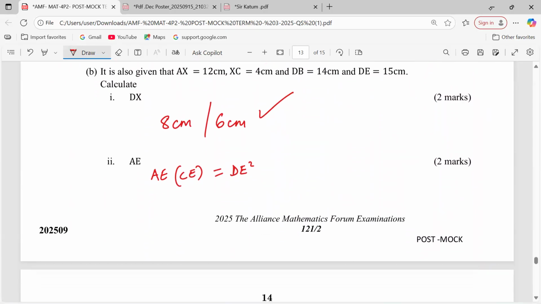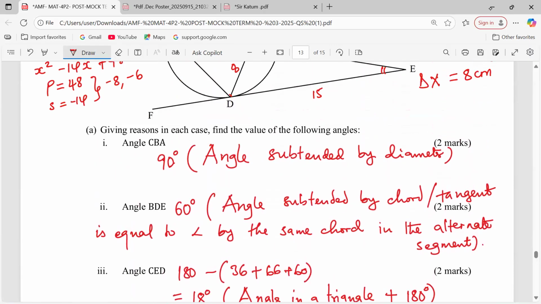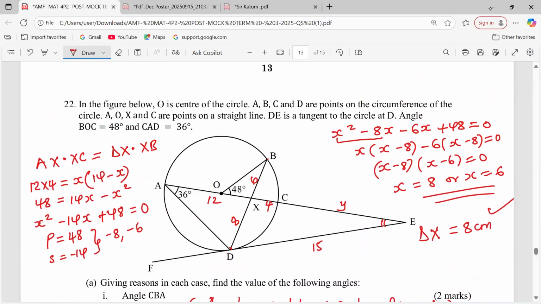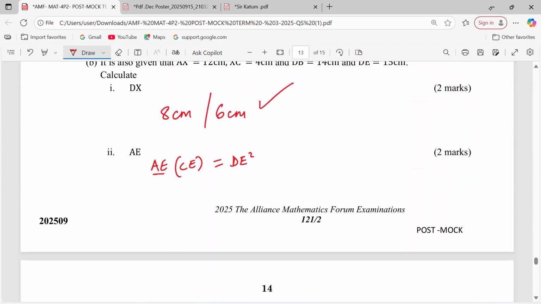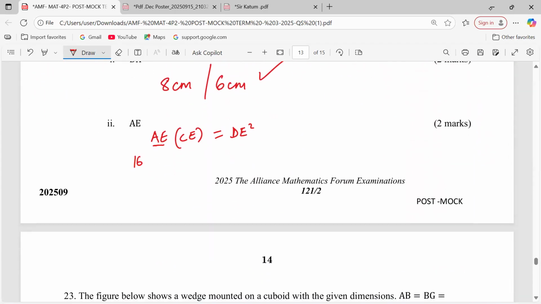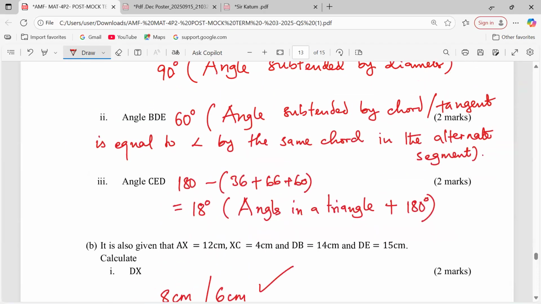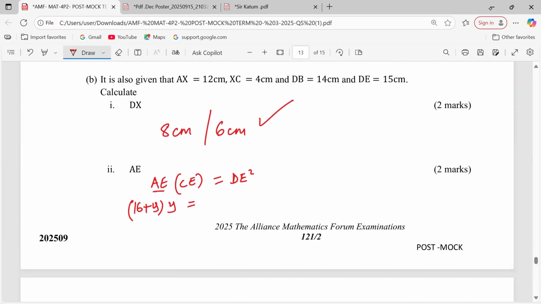So this is unknown, but we can let it be 12 plus 4, 16 plus y. 16 plus y times y should give us DE squared, which is 15 squared.